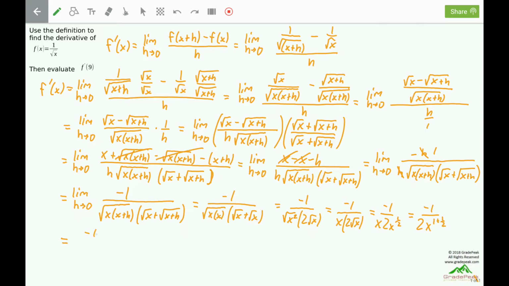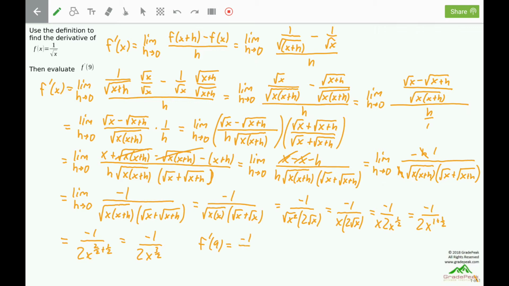So we have -1 divided by 2x to the 2/2, that's what 1 is when put over 2, plus 1/2, or -1 over 2x to the 3/2. There's the derivative. The next thing to do is evaluate f prime of 9. Now let's do that.